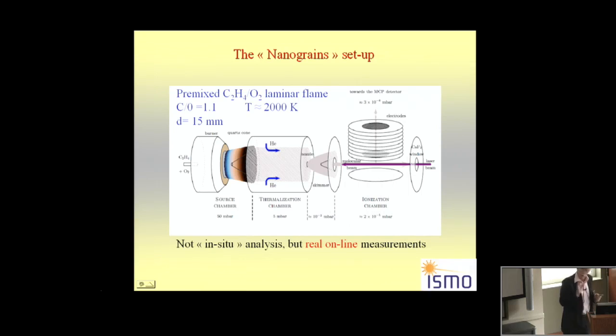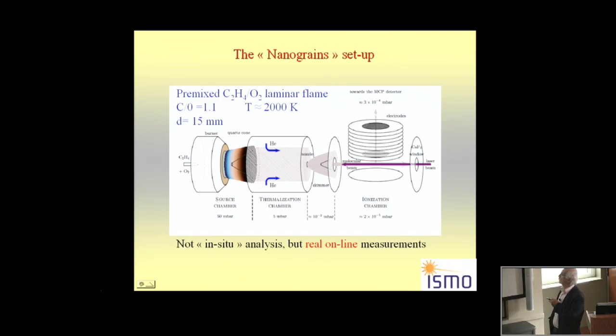Okay, a bit more detail about the setup. This is a burner, McKenna kind, a kind of reference in this field. From the quartz cone, we arrive in what we call a thermalization chamber, in which we inject a helium flow.